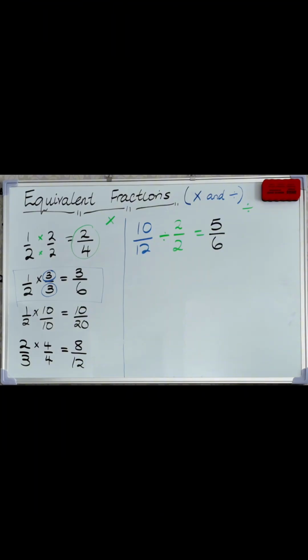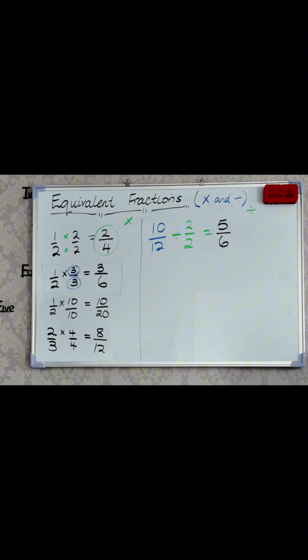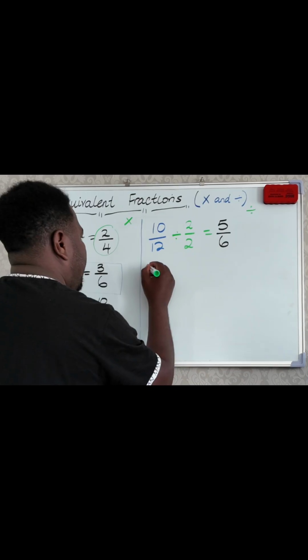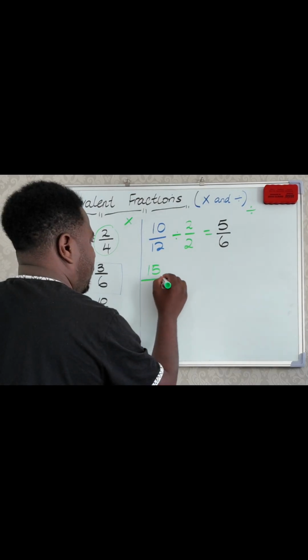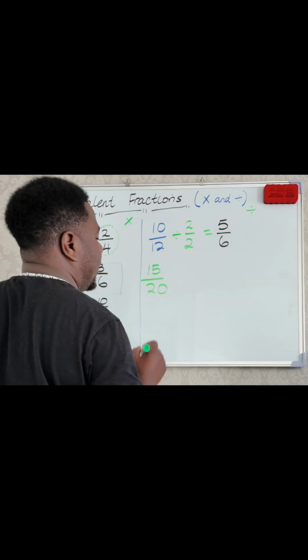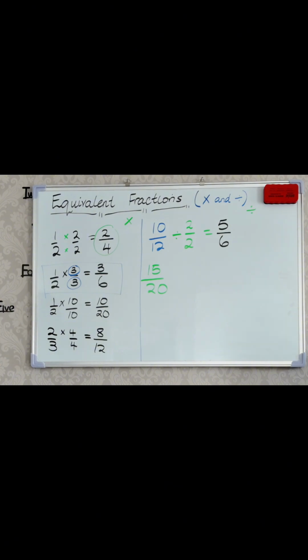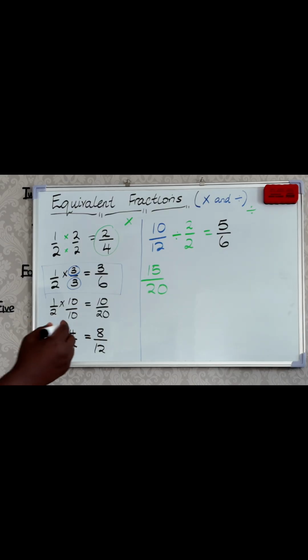Another example, 15 over 20. Right, so if you look at 15 over 20, let's look at which number goes into both 15 and 20 without leaving a remainder. We'll find that it's 5.